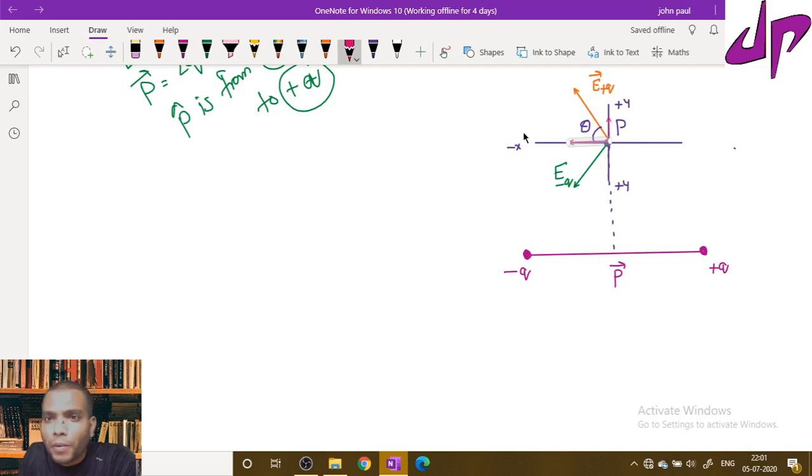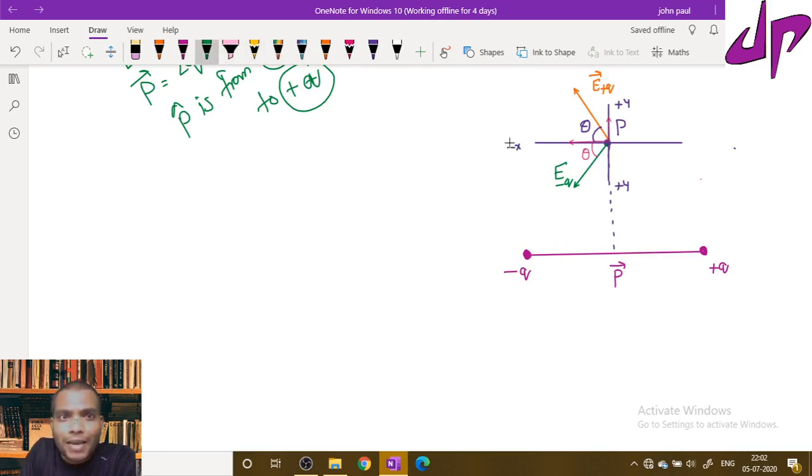So these are the horizontal and vertical components of the electric field due to the positive charge. Similarly, we have the electric field due to the negative charge. If the negative charge's field makes an angle theta with the x-axis, this electric field will also resolve into horizontal and vertical components.